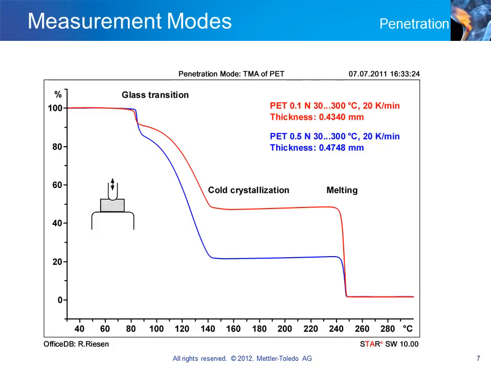At low temperatures, the probe penetrates very slowly into the sample until the glass transition is reached, which is indicated by a step-like decrease in the ordinate signal. The ordinate signal decreases during cold crystallization and remains more or less constant thereafter. A further penetration step occurs at higher temperature when the sample melts.